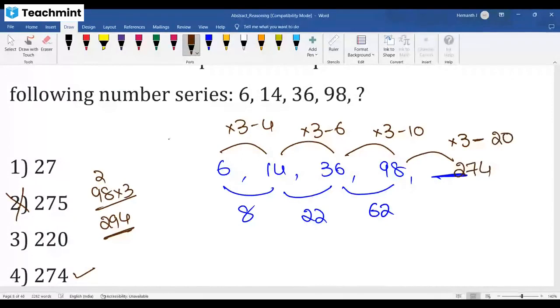Okay, but this link is what, again a problem? 4, 6, 10 and 20. Okay, we'll see. I think this also needs to be discussed again. 274 units place is a non-zero even number.